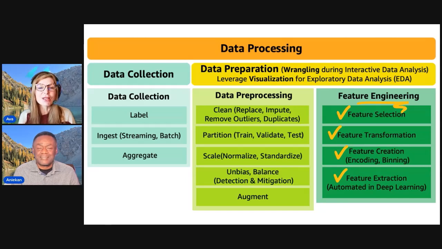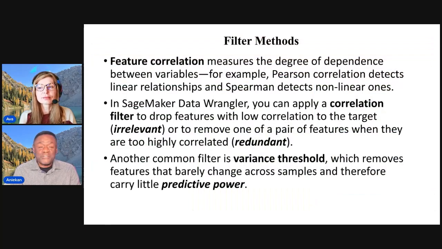What methods can we use to select the most important features to avoid having too many of them in our model, Onyeka? Yeah, and there are three major approaches that we'll talk about. We have, first of all, the filter method. Filter methods are simple statistical tests to remove unnecessary features before training, right?